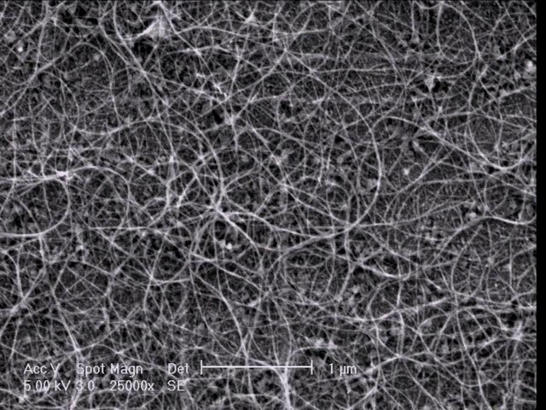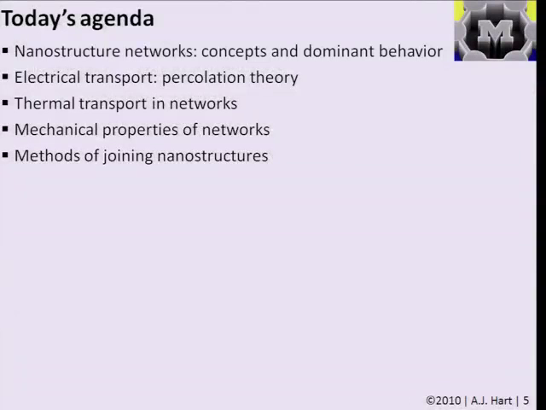And one of the most basic elementary things that's done is just plotting the conductivity of the network as a function of the volume fraction of nanotubes, or the area fraction of nanotubes. And you could imagine that conductivity would get higher as you fill the space with more structures. And we'll see some more specific aspects of that in a few slides.